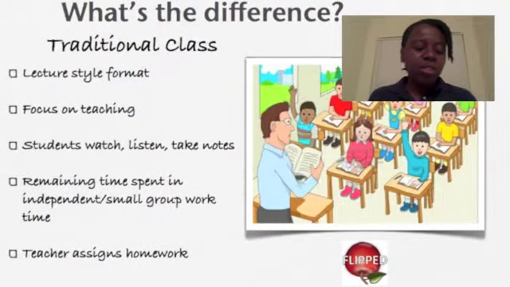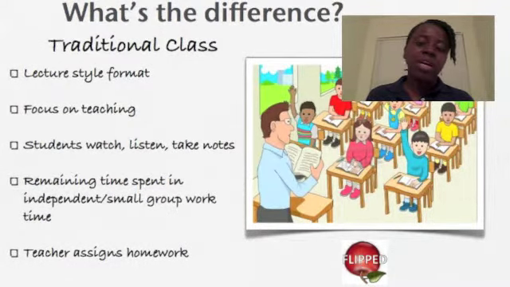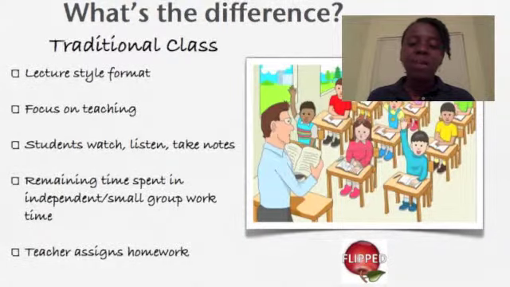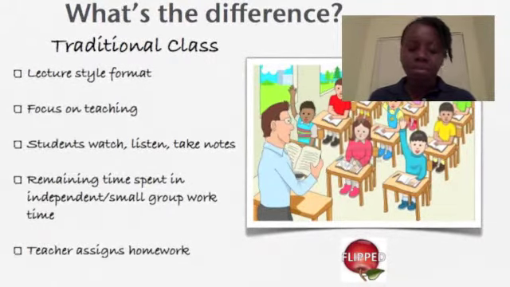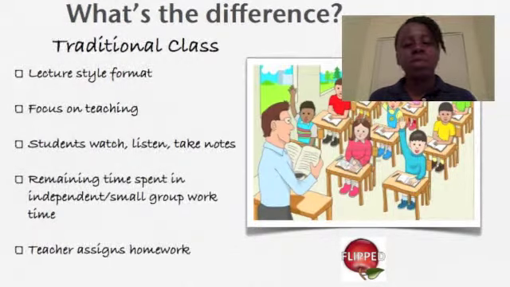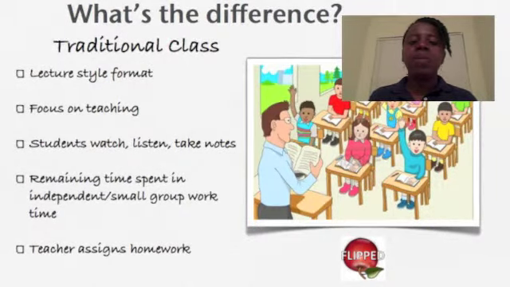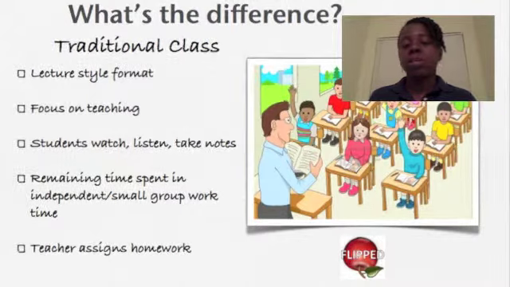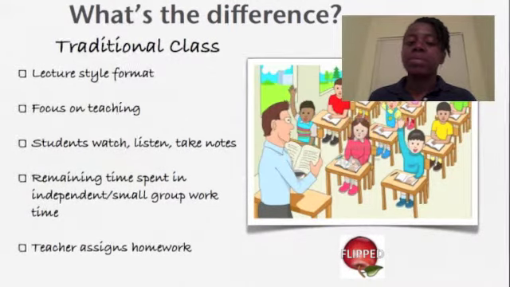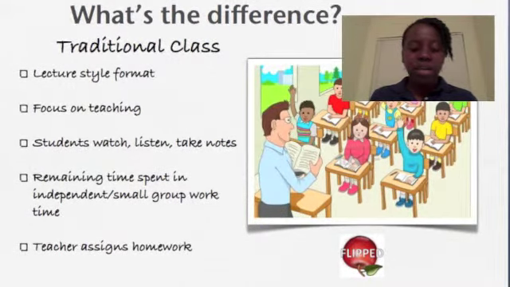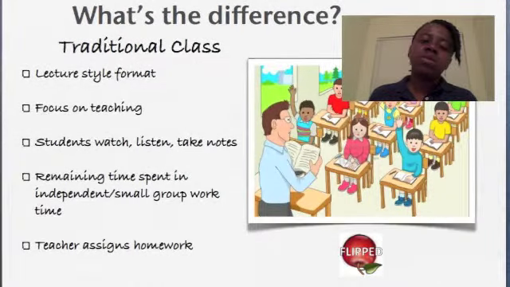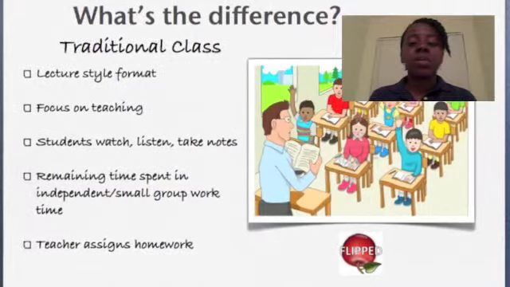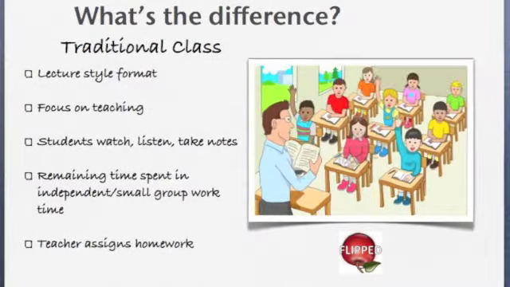The students may participate by asking questions or answering questions, but the focus is on the teacher teaching the lesson. There may be time for independent work, small group time, and all of those things that are also incorporated in a traditional classroom style. Then the students are assigned homework and they're sent home and they're expected to do the homework and remember the skill that was taught in the classroom.